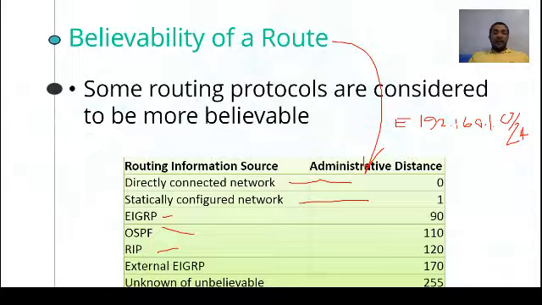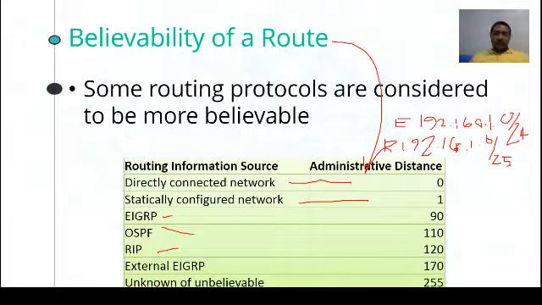Okay, and then another route mula naman sa RIP, okay, would be 192.168.1.0/25. Okay, so sinong paniniwalaan ng router natin dito? Basically, pagka ganito ang scenario natin, mas paniniwalaan pa rin ang RIP.